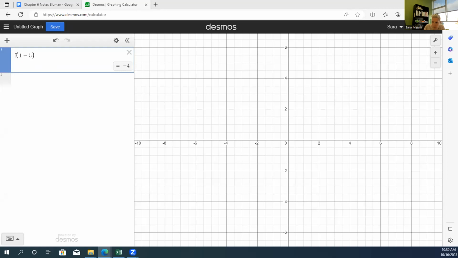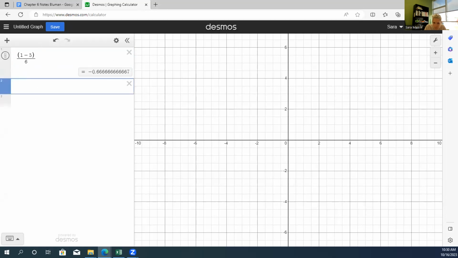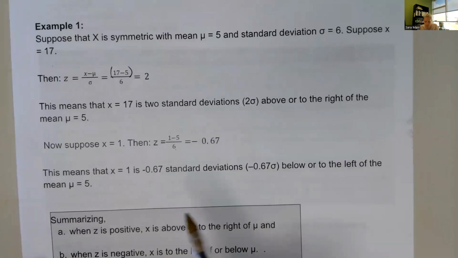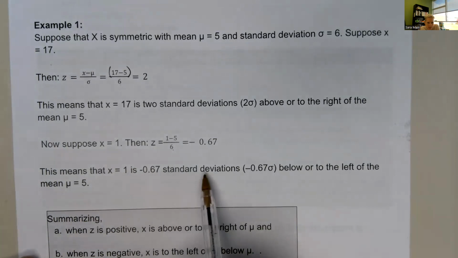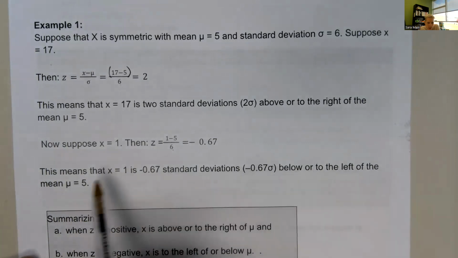In Desmos, we're going to put in parentheses 1 minus 5, and then hit divide, and you can see that it creates a fraction and gives you the correct decimal, or you can click on the circle here and it will put it into fraction form. This means that x equal to 1 is negative 0.67 standard deviations below or to the left of the mean.